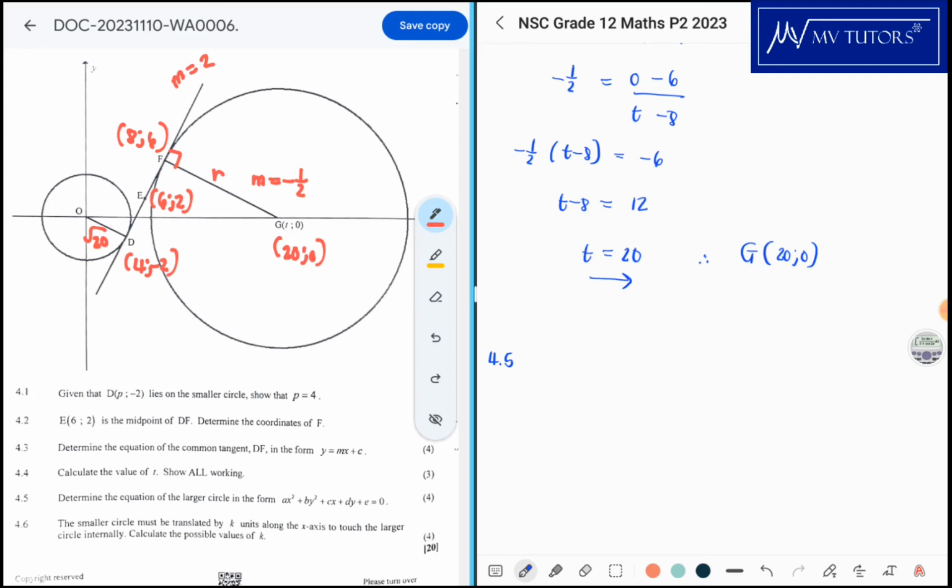We can actually work it out. Or was it given to us at some point? No, I don't think so. I think we can actually work out the radius. So let's do that now before we get the equation of the circle. So our radius, which is really the distance of GF, the x-coordinate of G minus that of F.